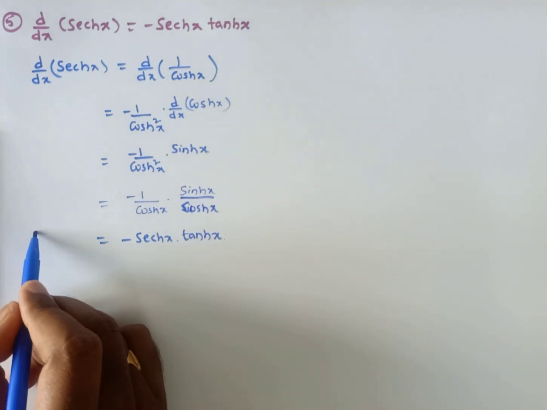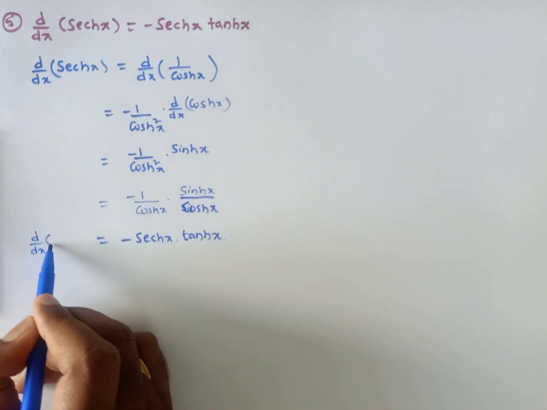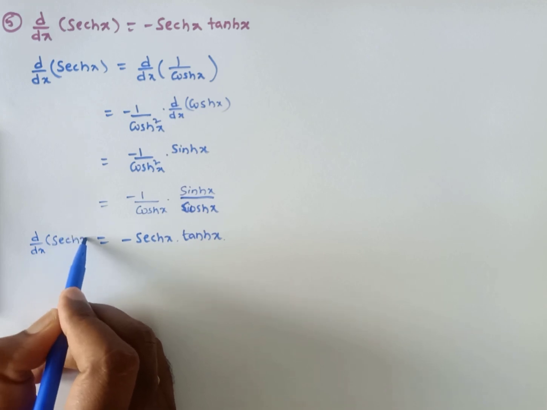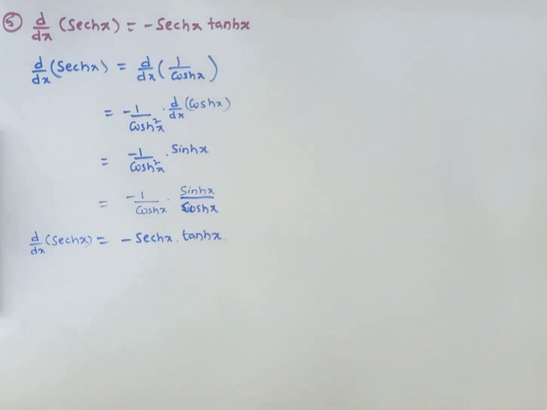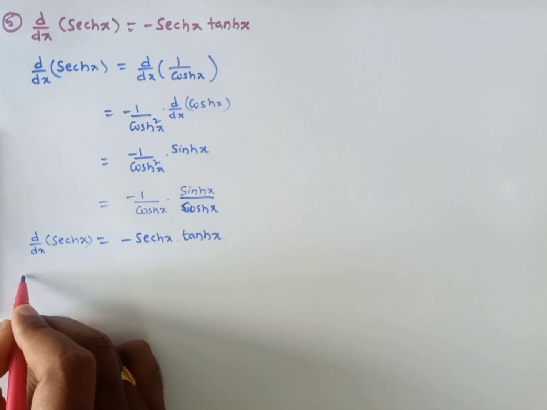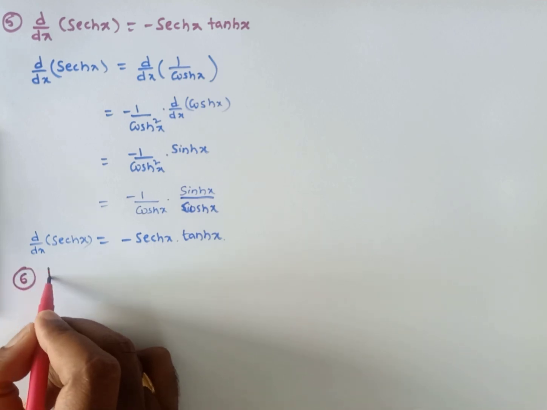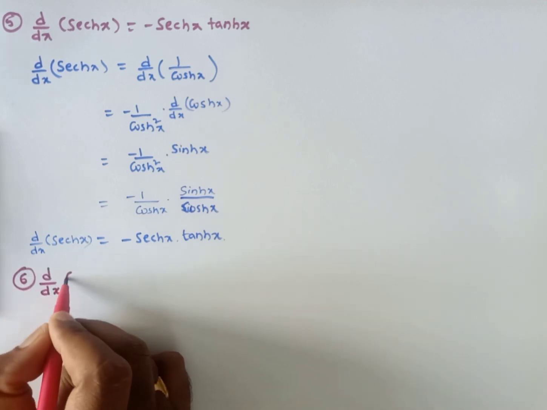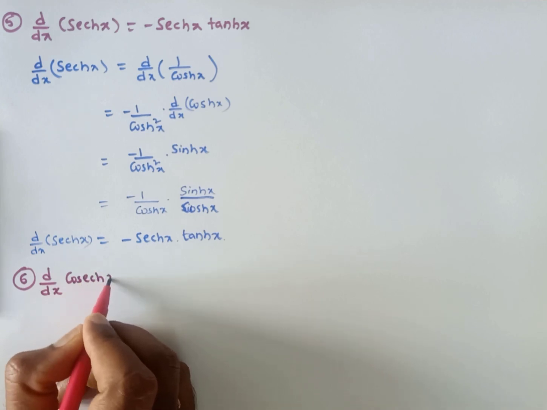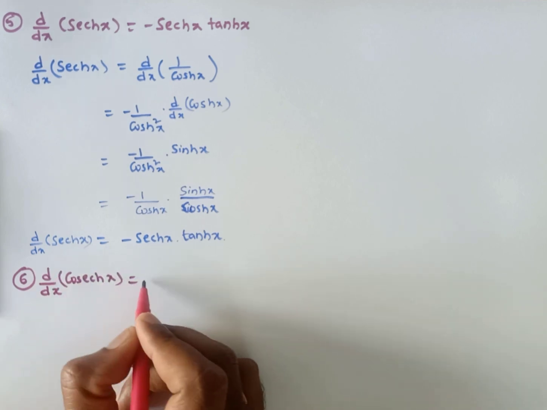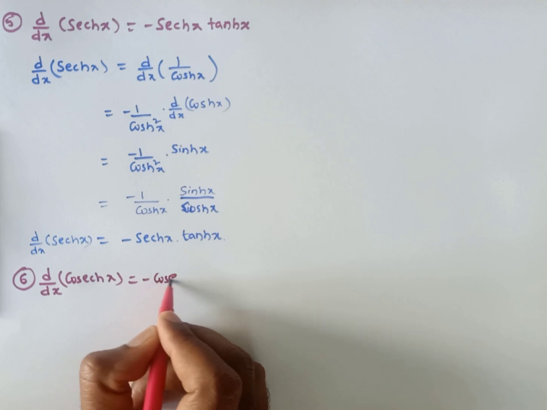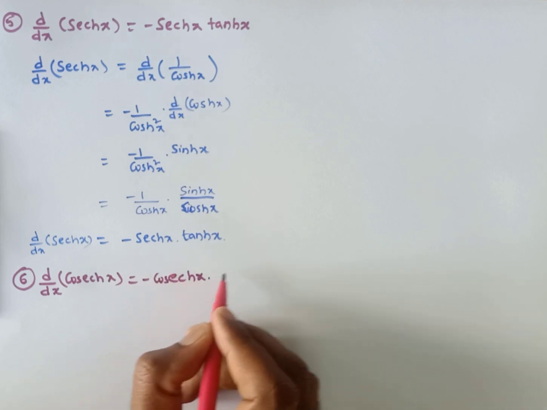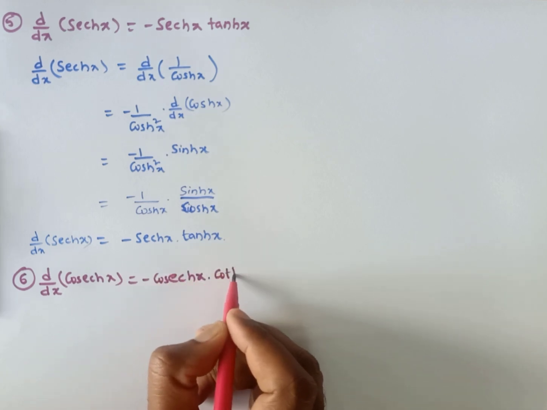So the derivative d by dx of sech x is this one. Similarly, you can evaluate the derivative of cosech x. The derivative of cosech x is minus cosech x into coth x.